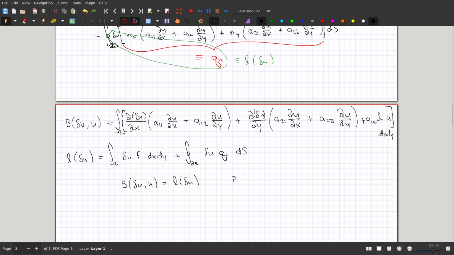And then we'll just note that B is symmetric if A12 equals A21.